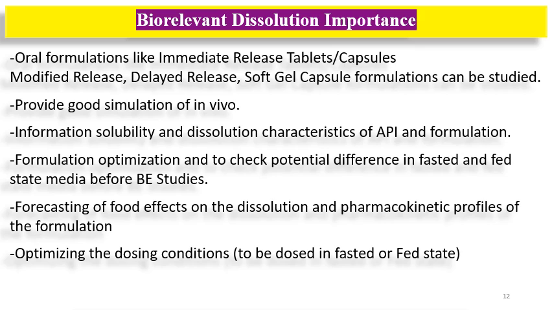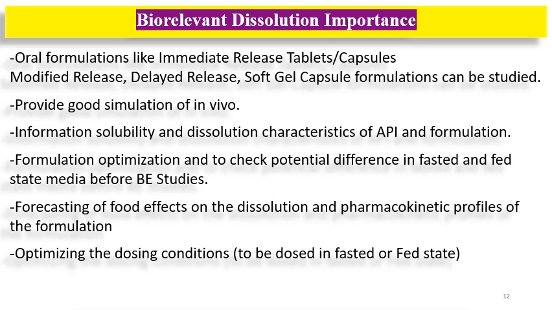Then these conditions provide a good simulation of in vivo. Why? Because these biorelevant media mimic the composition of stomach and the intestine. That's why they are able to provide good simulation. Information of solubility and dissolution characteristics of the API and formulation can be studied with biorelevant dissolution method.